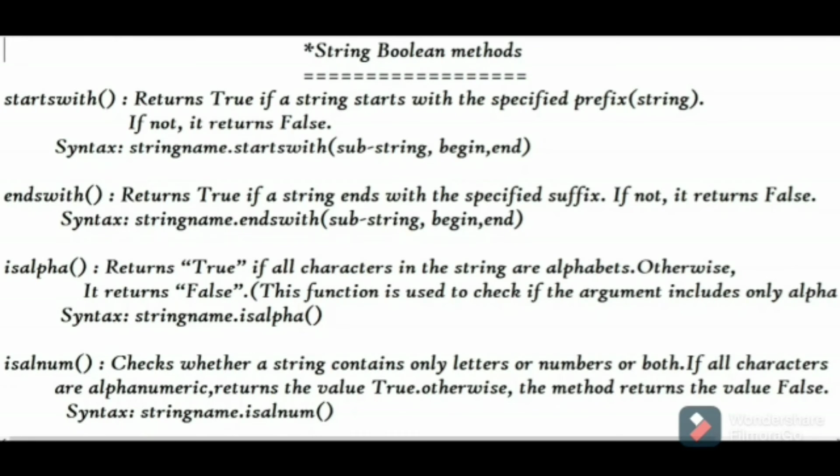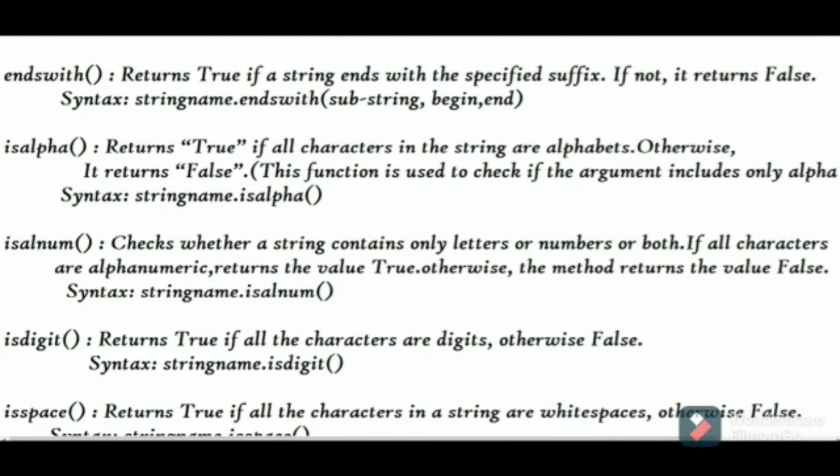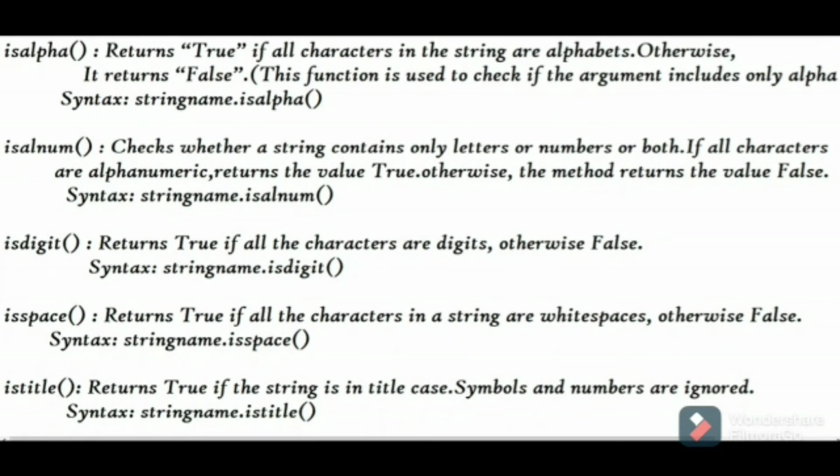If you want to check alphanumeric characters appearing in the string, you can use the isalnum method. This method returns true if the string contains only alphanumeric characters, otherwise false. If you only want to check digits, you can use the isdigit method.